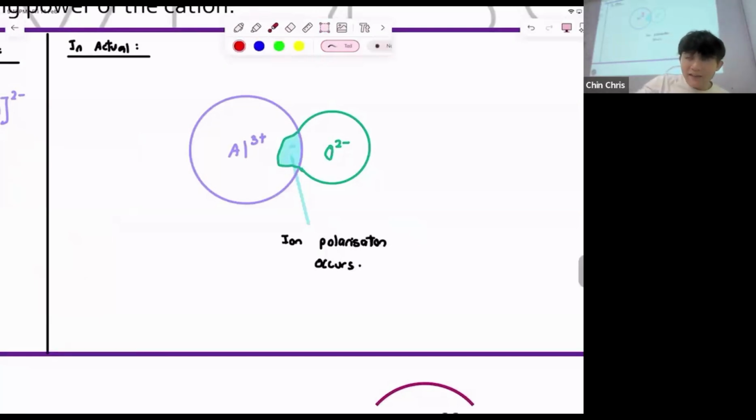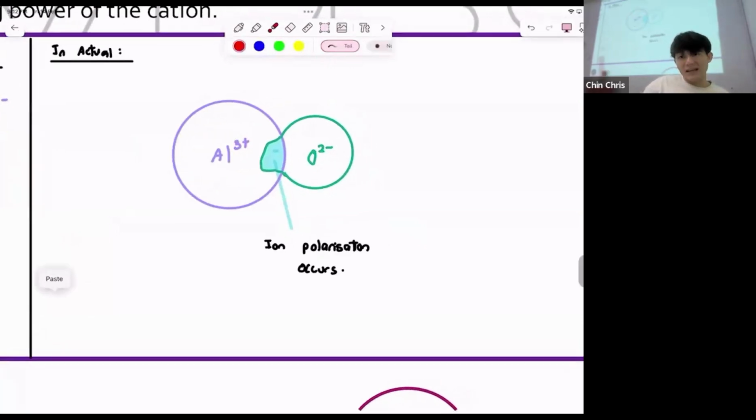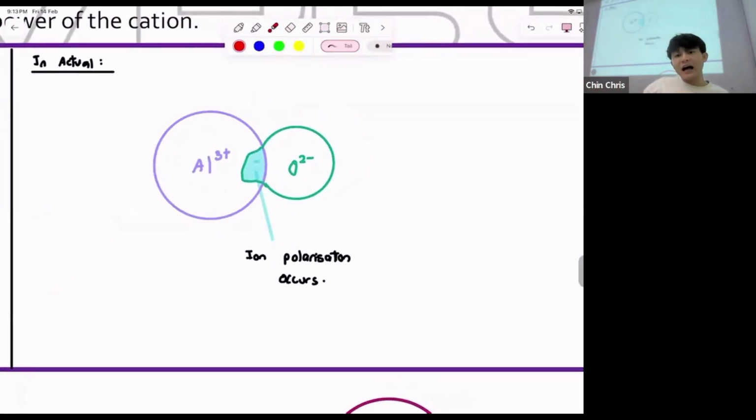Okay, when your cation is very small and having a very high charge, and your anion is very big and is easily distorted, this we call ion polarization.